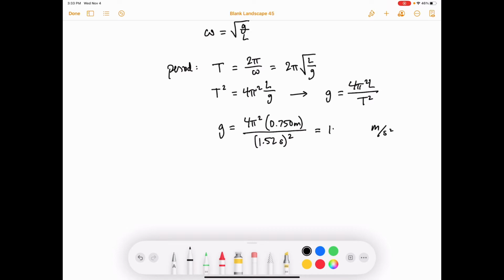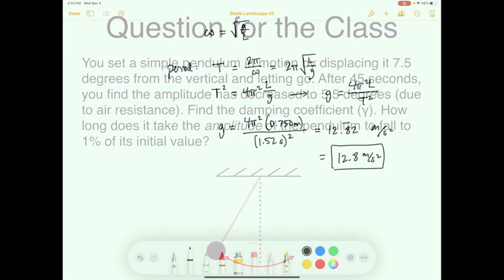And what you'll get is 12.82 meters per second squared. Round that off to 3 sig figs to get 12.8 meters per second squared. So by measuring the period of this pendulum, you're able to find out g, the acceleration due to gravity. Okay, that's the idea behind this one.